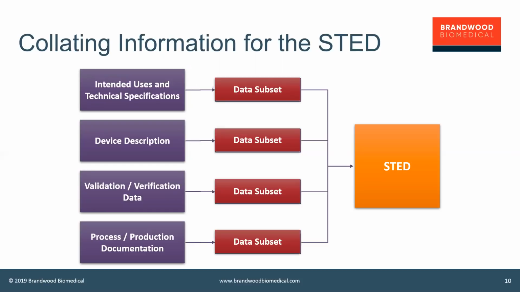The device description, again, understanding the intended use, the indications for use, and what the device does. This is that device description so that a regulator understands it when they go in to review the STED and the regulatory submission overall.